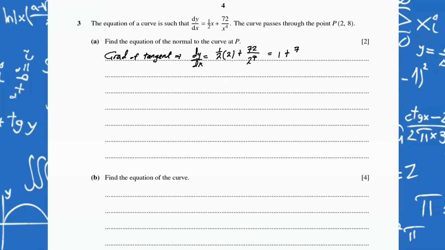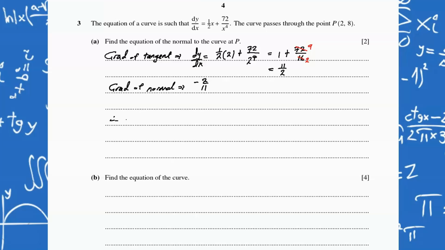We can reduce 72 over 16 to lowest terms by dividing by 8. 8 goes into 72 nine times, and 8 goes into 16 two times, so we have 9 over 2. So 1 plus 9 over 2 is 11 over 2. The gradient of the normal is the negative reciprocal of 11 over 2, so that's minus 2 over 11.